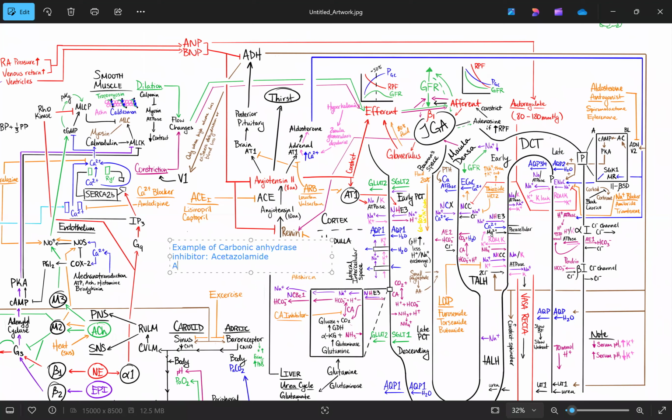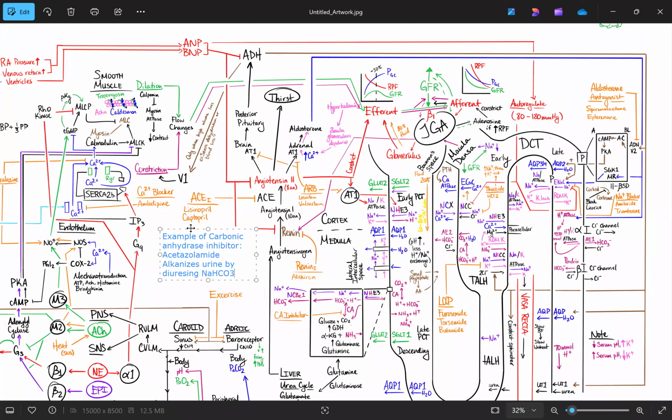And if it pumps out more potassium, that means the Na-K ATPase will have less leak, so it will work less, and therefore it'll keep the sodium in your urine, not in your blood, and therefore you'll pee out more water because water follows sodium.